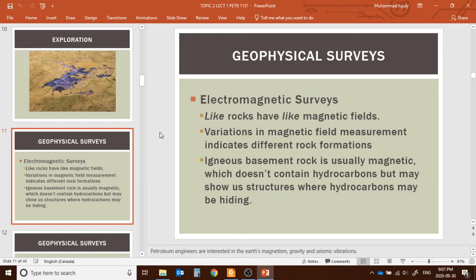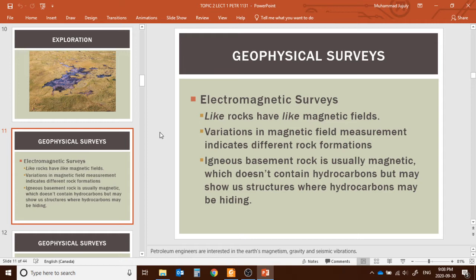So this variation in the magnetic field gives us an idea about the different types of rock in there. And as you know, sedimentary rock is a potential type where we can find oil and gas, so that could give us a lead that probably we can find an oil and gas reservoir in there.